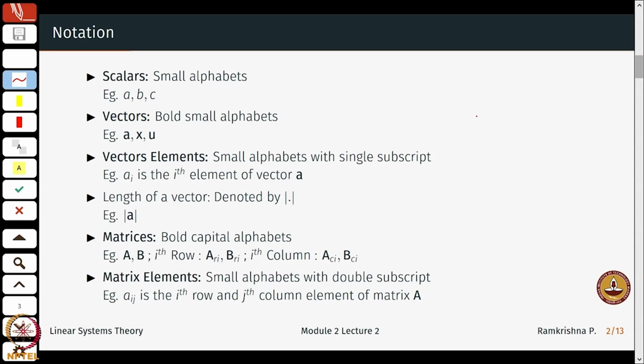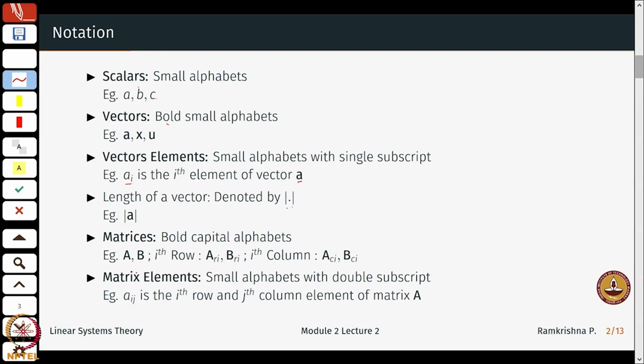So to begin with, let's just have a small slide on the notations. The way we distinguish between scalars and vectors is with bold and regular letters. For example, a_i would be the ith element of a vector a. The length of the vector is simply denoted by the modulus of it.